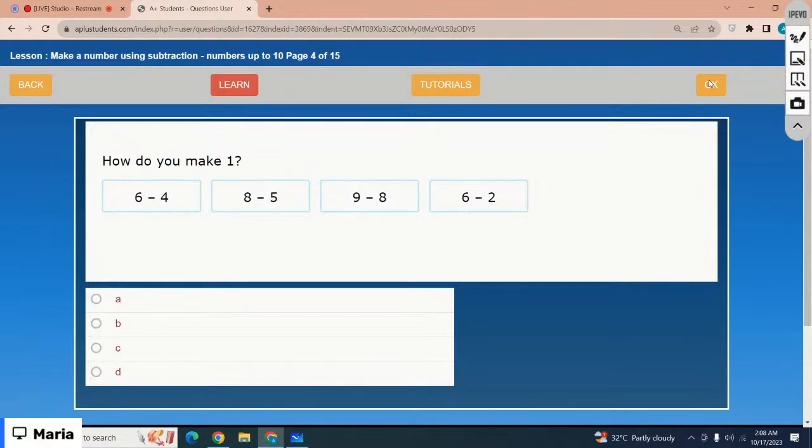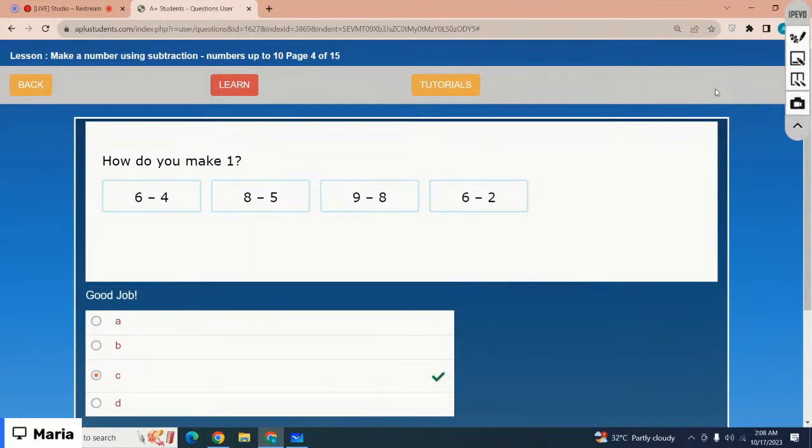The only option that makes 1 is 9 take away 8, right? 9 take away 8 is 1. That means option number C is the correct option, right? So the correct option is option number C.